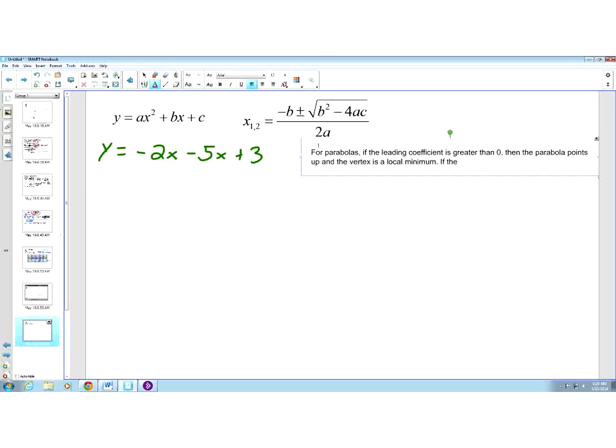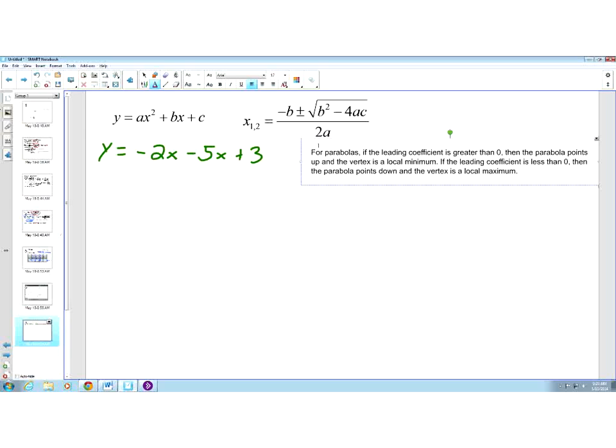If the leading coefficient is less than 0, then the parabola points down and the vertex is a local maximum. And it's also a global maximum, so we'll discuss that in chapter 3.